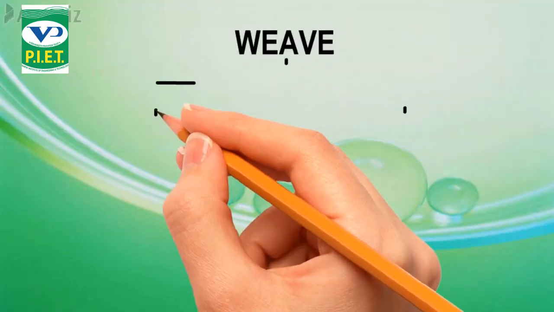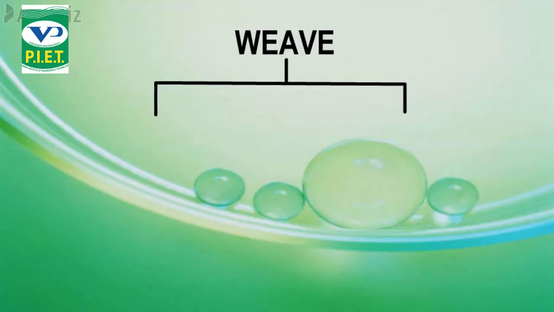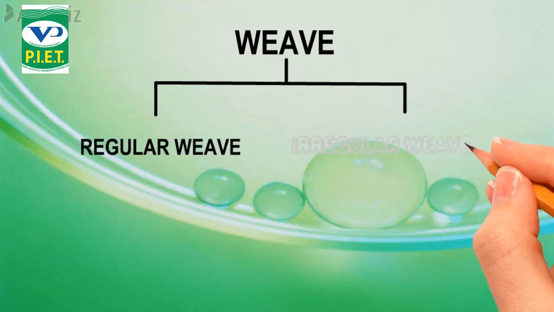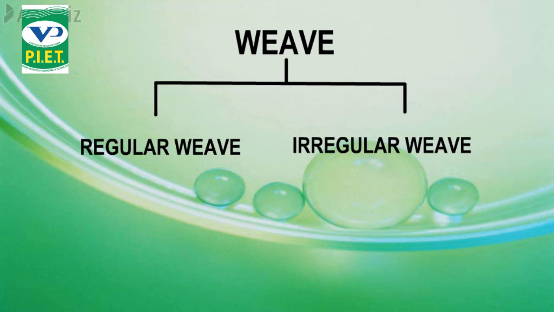Weaves can be classified into two categories broadly: regular weaves and irregular weaves. Regular weaves give a uniform specific appearance to the fabric. The properties of the fabric for such type of weaves can be easily predicted because their repeating unit is very regular.